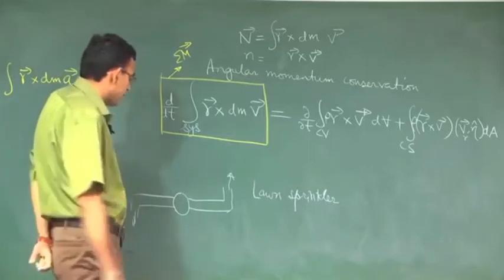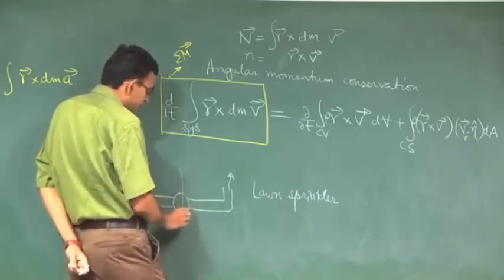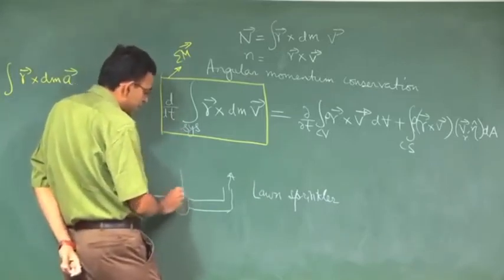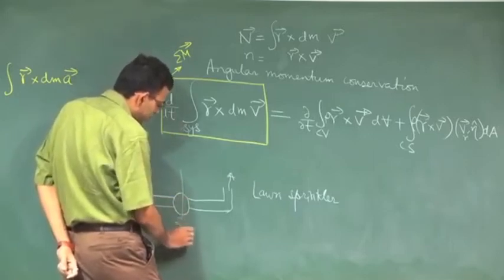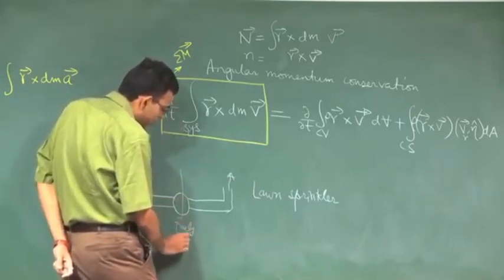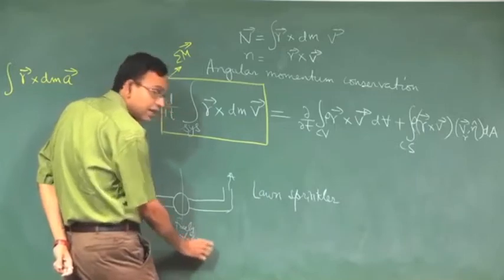So what is given here is that everything is symmetric, and let us say this is a freely rotating device, so that there is no frictional torque here.